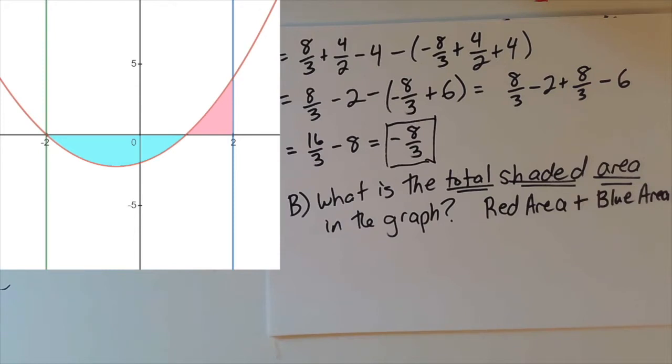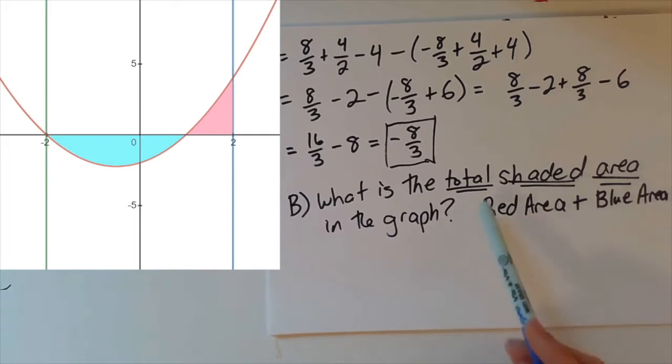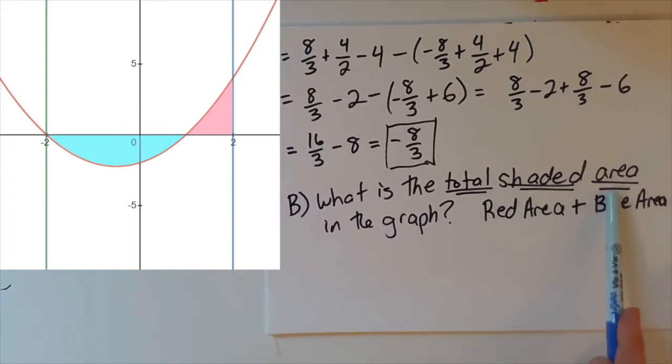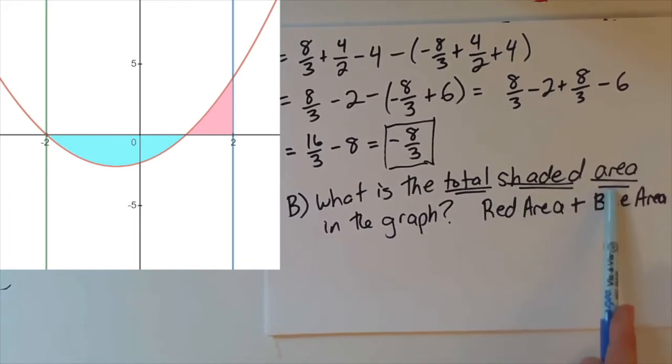That's just how the definite integral works. In particular, that's the thing we can calculate. But in reality, area is never negative. Area is always positive. And so if someone asks you a question, not about the definite integral itself, but if they ask you a question about area, then we have to do more work to answer it.